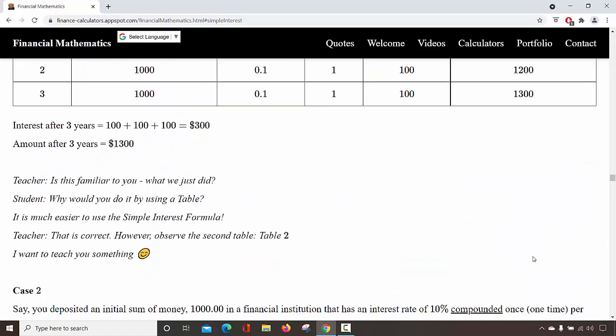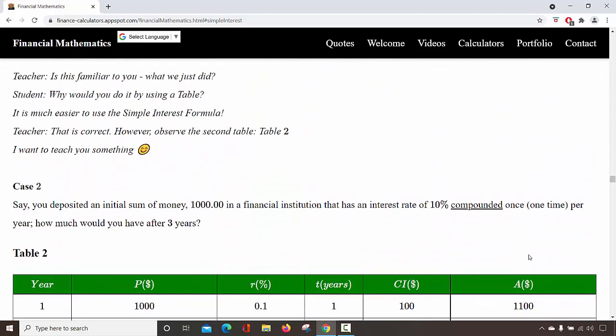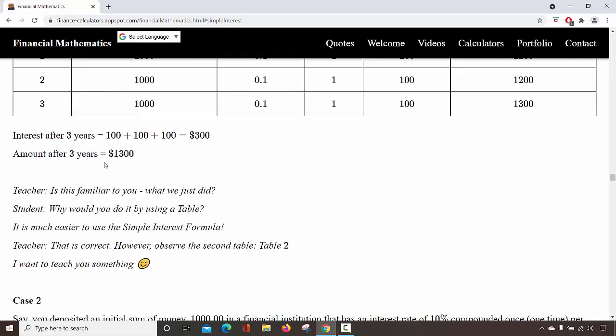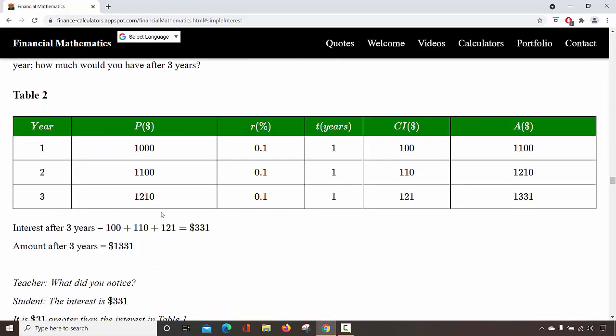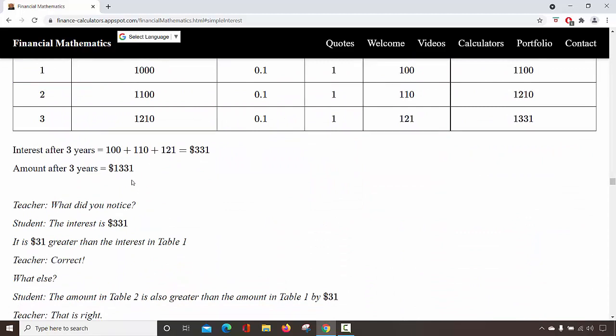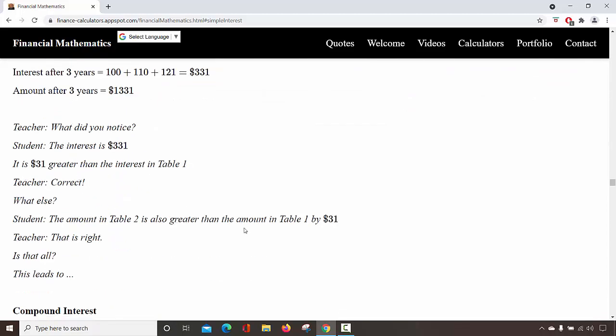So when you compare simple interest versus compound interest, after 3 years, you find out that compounding the interest gives you more money. That's a difference of $31.